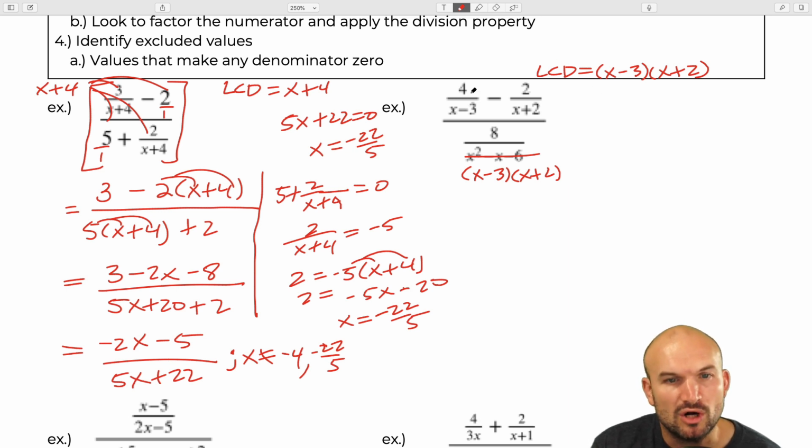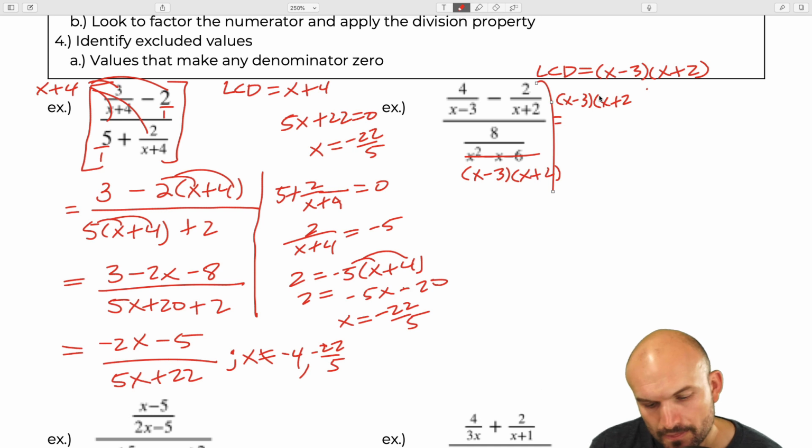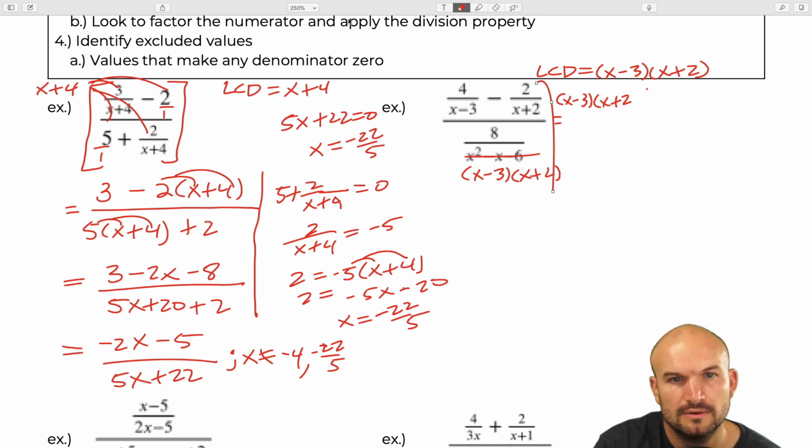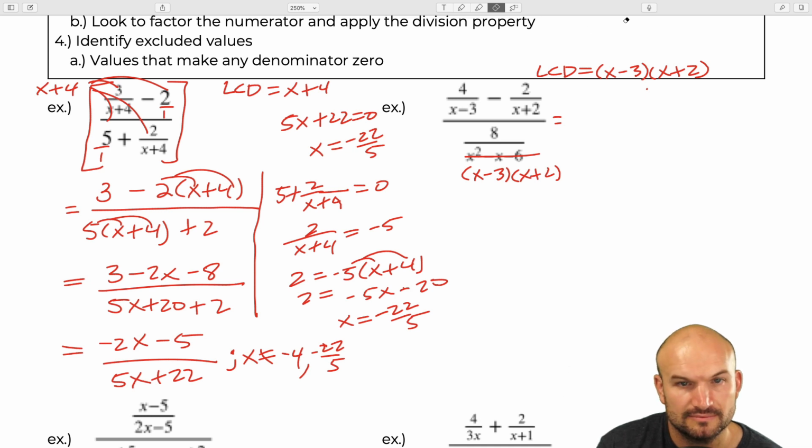So again, when you multiply this, and maybe I'll write this one. When you multiply x minus 3 times x plus 2 times the whole expression, I don't have time to do that. So that's my LCD.